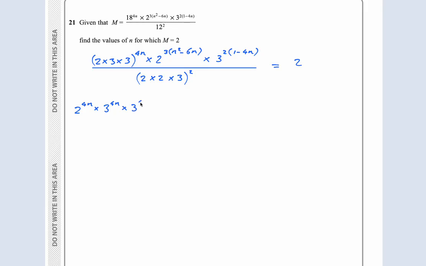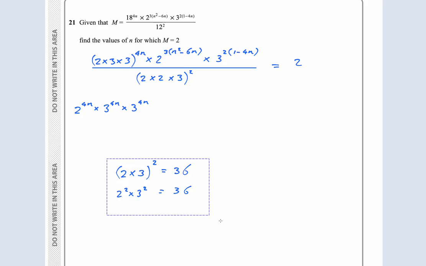I can do that because, as a simple example, 2 times 3 squared, which is 6 squared, which is 36, is the same as 2 squared times 3 squared, which is 4 times 9, which is 36.